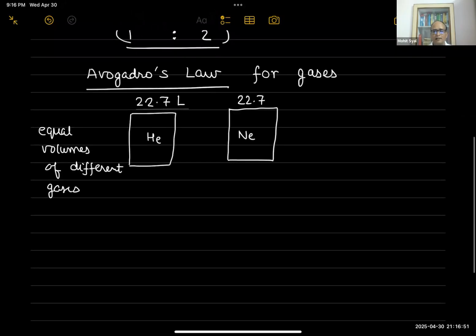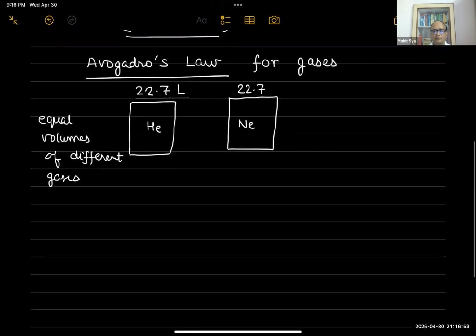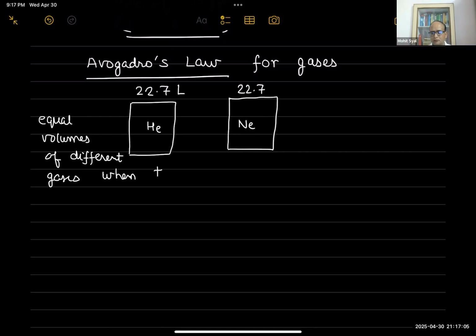Equal volumes of different gases when taken at 0 Celsius, same temperature and pressure.